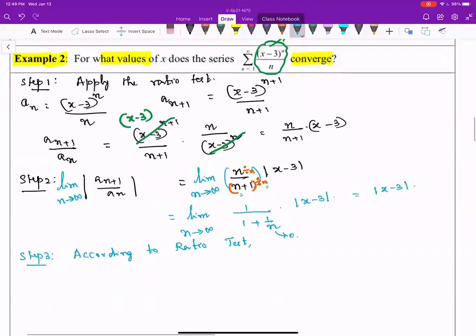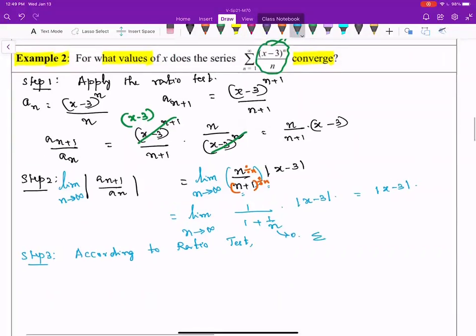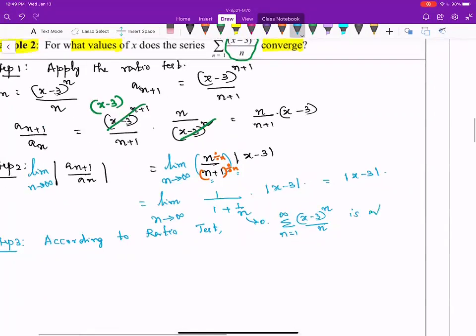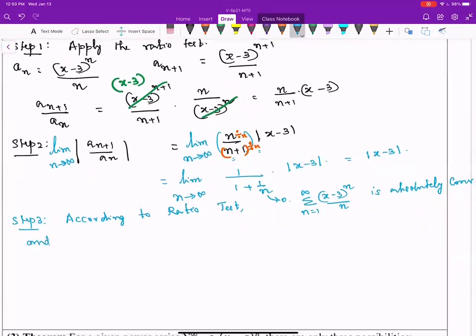So the given series sigma a sub n is absolutely convergent, and hence convergent, whenever this limit L is less than 1.